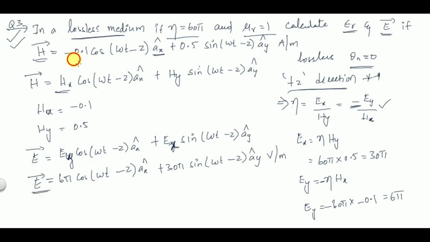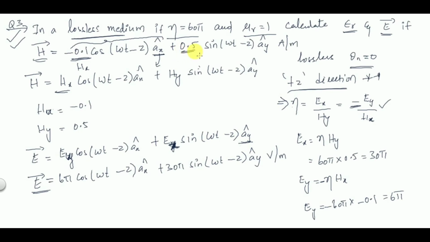Understood? If you consider Hx here, when the wave is propagating along the z direction, you have to take the corresponding E component along the other axis. At first I wrote it wrong, so you have to take it along the x direction.